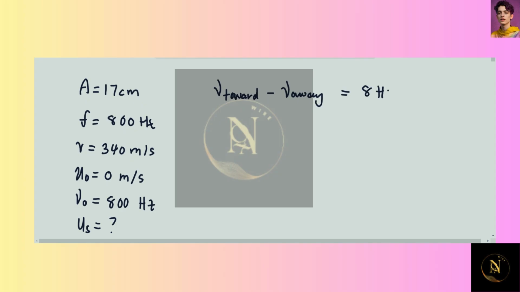So I can make a little equation like this. Then I can go ahead and sub in the regular Doppler equation. And for the away, I'm going to change the minus to a plus because US is considered to be negative when the source is moving away from the detector.